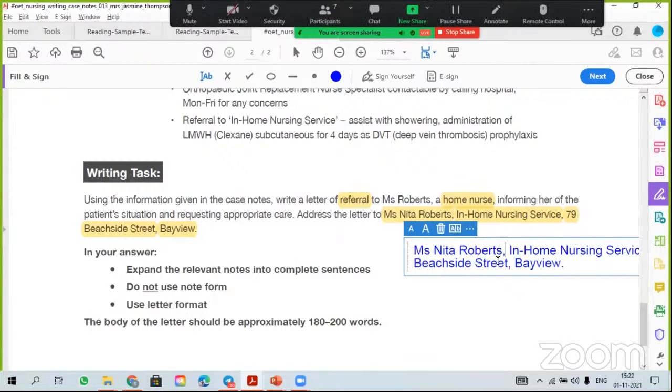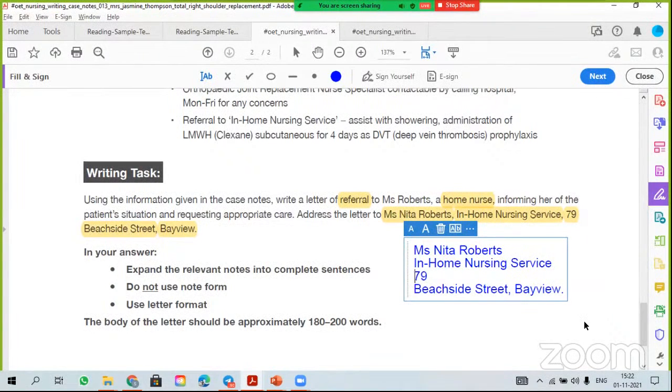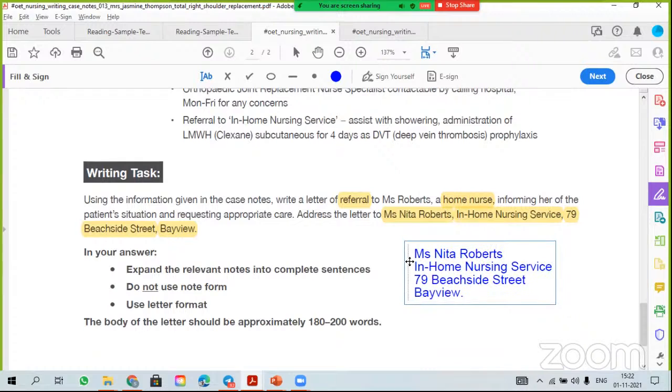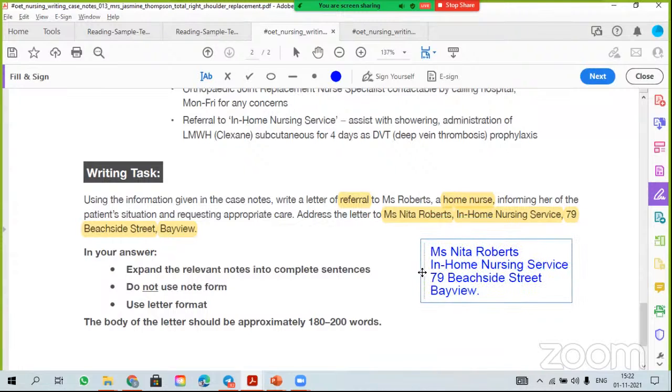Miss Neeta Roberts, in-home nursing service, 79 Beachside Street, Bayview. This is the address. So you are supposed to write the address. You have to take the address from here. So here one thing is missing, that is home nurse.